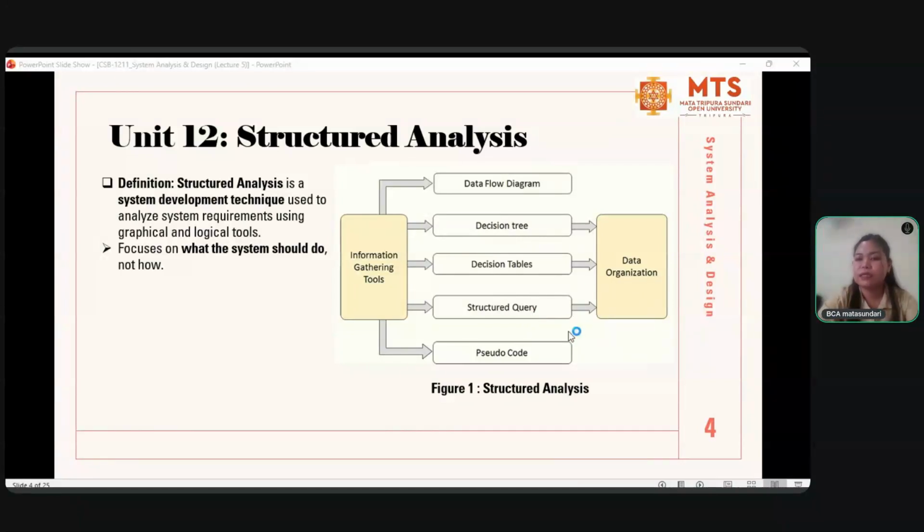Decision tree, decision table, and structured query go under data organization. Data flow diagram and pseudo code stay in the place for information gathering tools.